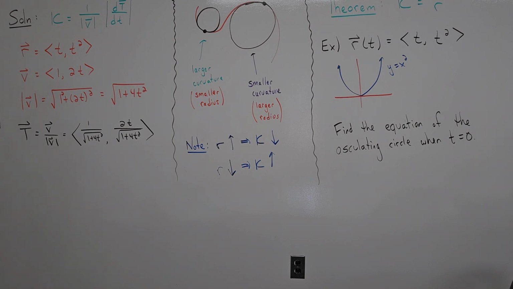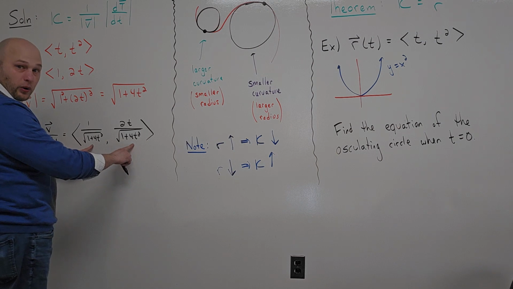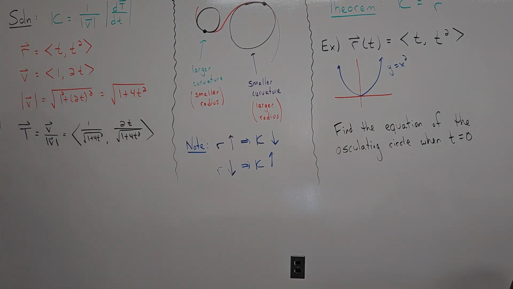And notice what we need to do is take the derivative and then the magnitude of this. So the derivative of the unit tangent vector: I'm going to need the derivative of each of these components. For the first component, instead of 1 over a square root, we could write that as to the negative 1/2 power.